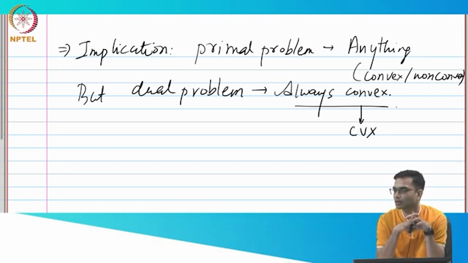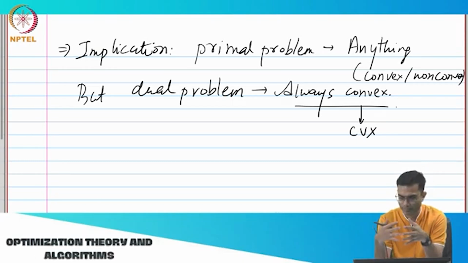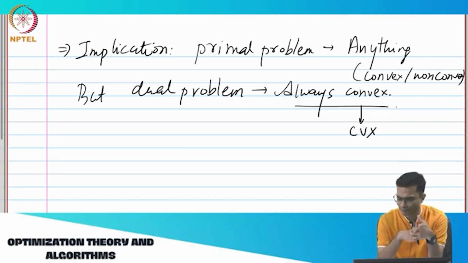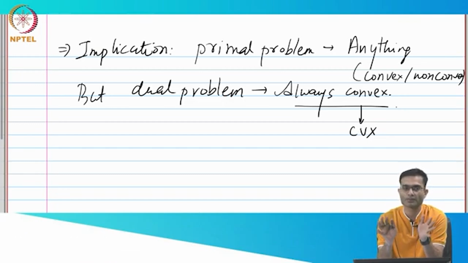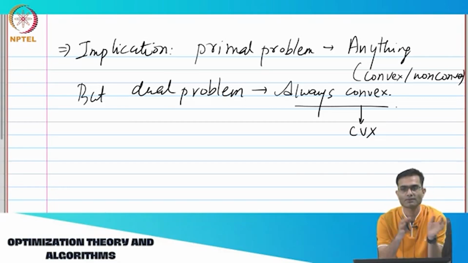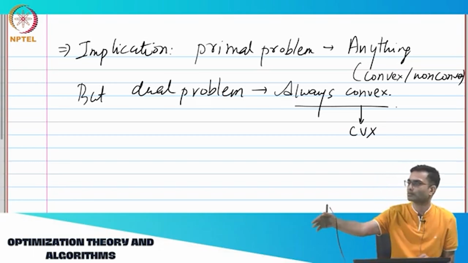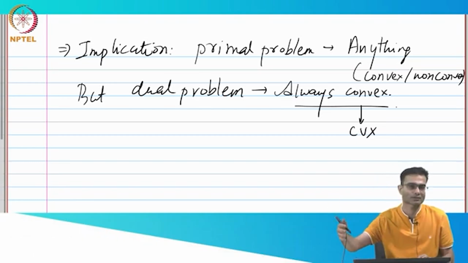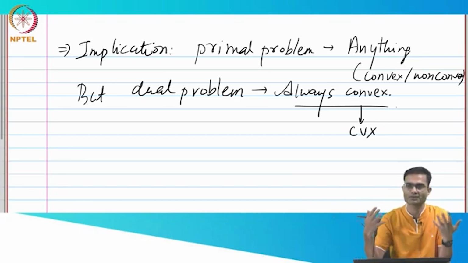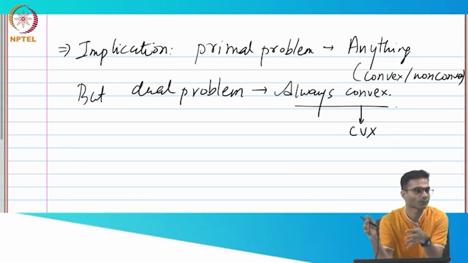CVX is a tool built by a bunch of people at Stanford. It's a MATLAB toolbox available for convex optimization. The way we speak in words is almost how you can specify the problem in it. You define f, then you say minimize f subject to x greater than something, or g of x greater than something. So the way we speak in words, you can specify a convex problem in it.